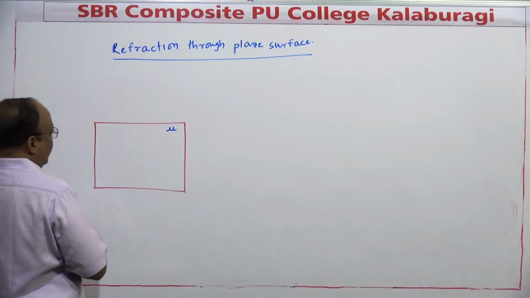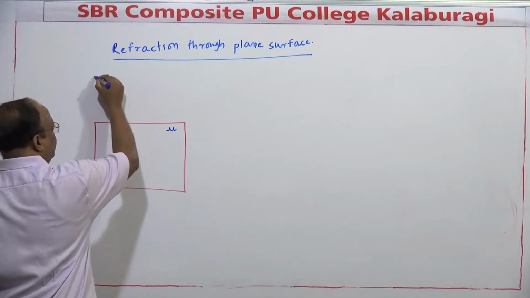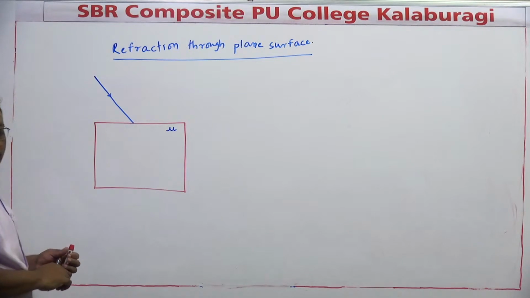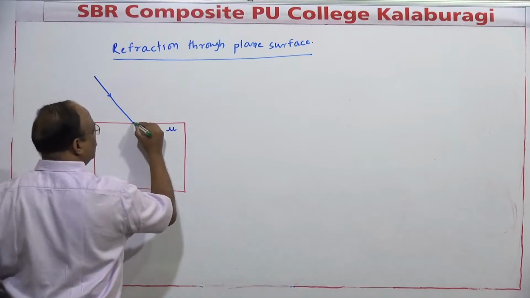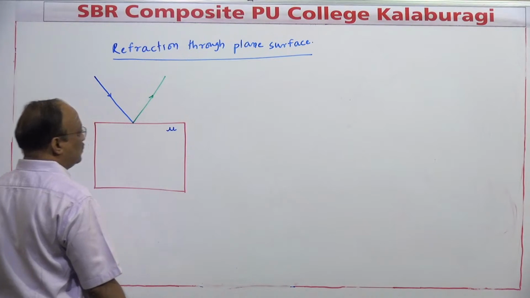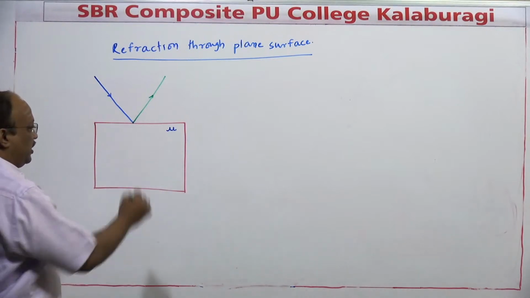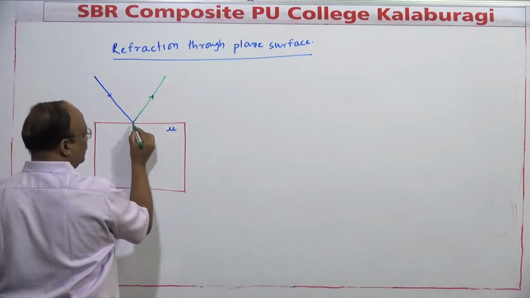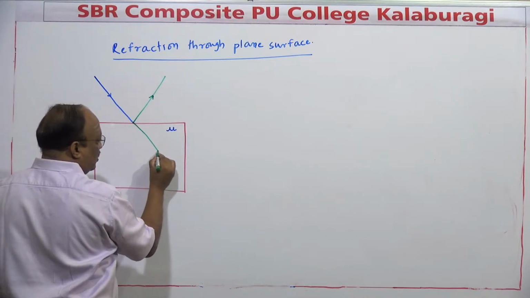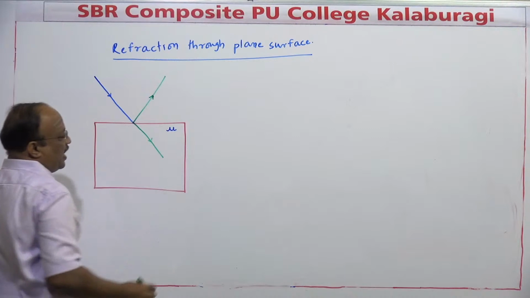So there is an incident ray at this point, a reflected ray, and this is our refracted ray.